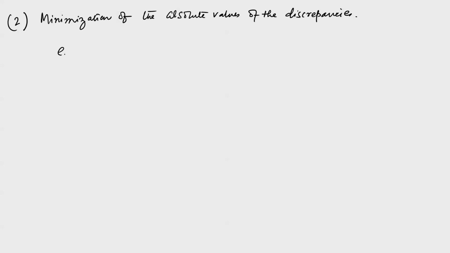So, this is like the sum of e i, with i equal to 1 to n. We have taken the magnitude, ignored the sign, and this is equal to the sum over i equal to 1 to n of the magnitude of y i minus a 0 minus a 1 x i.